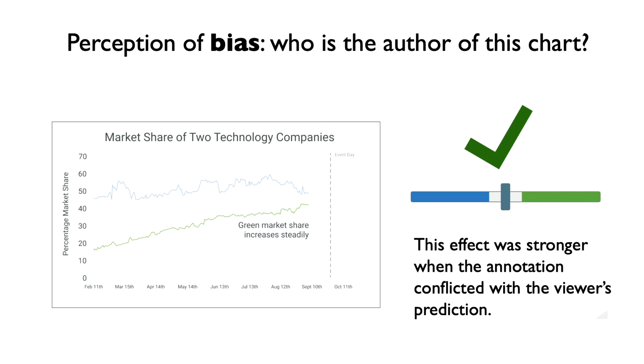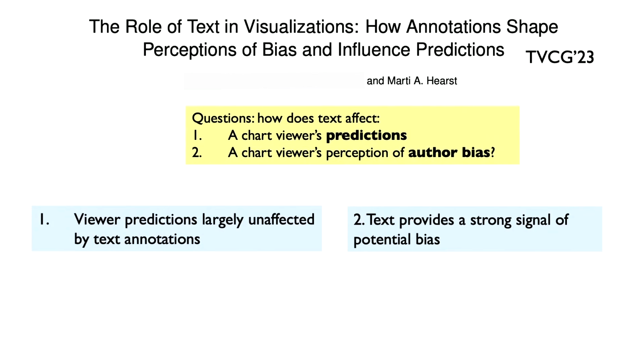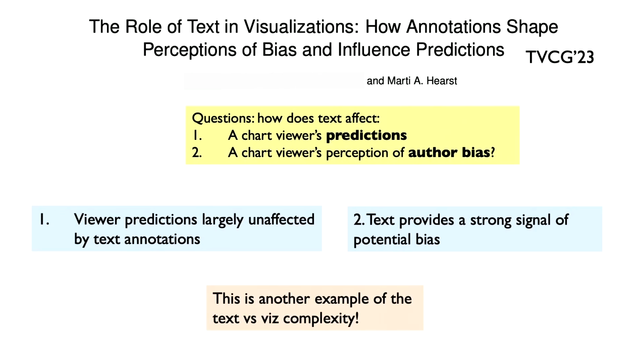By the way, I know this is kind of a mild statement, but we did try this with more extreme statements like, go green, you're the winner, and it didn't make a difference with the first study. Okay, so this is pretty interesting. Viewer predictions largely unaffected by text annotations, but text provides a strong signal of potential bias of the author. So this is another example of the complexity of text and viz together.